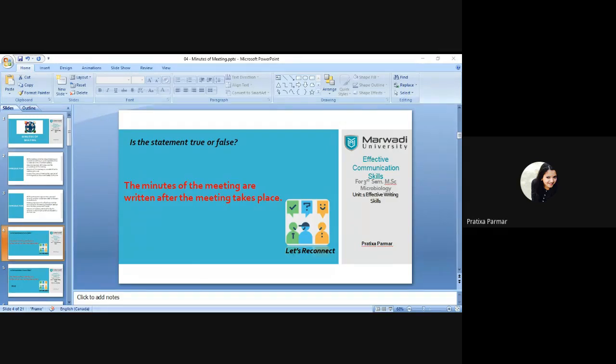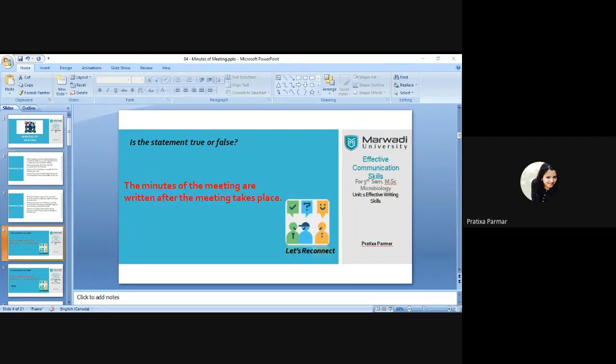you can mention some of the important points if in case you're not able to remember everything. So it is always a good habit to point down the important things that you are discussing in the meeting. But the actual minutes of the meeting you maintain after the meeting gets over. Okay.